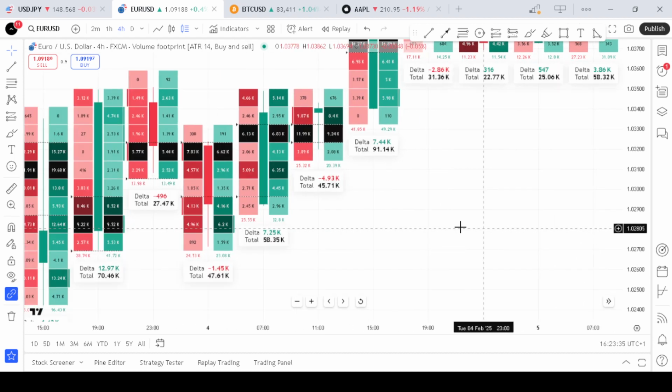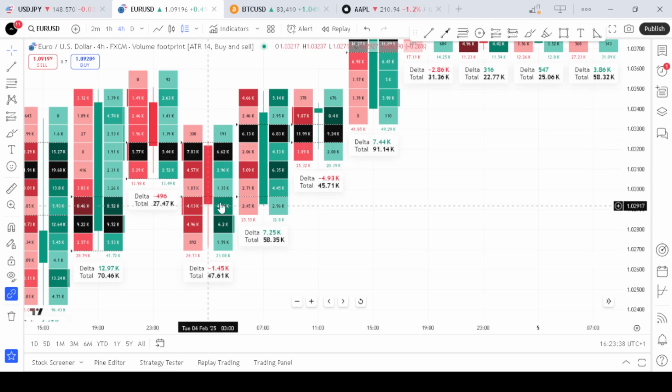Buying volume is displayed on the right side of each candle, while the selling volume is shown on the left side of the display of our layout. This layout makes it easier to assess whether buyers or sellers are dominant in any given price level.